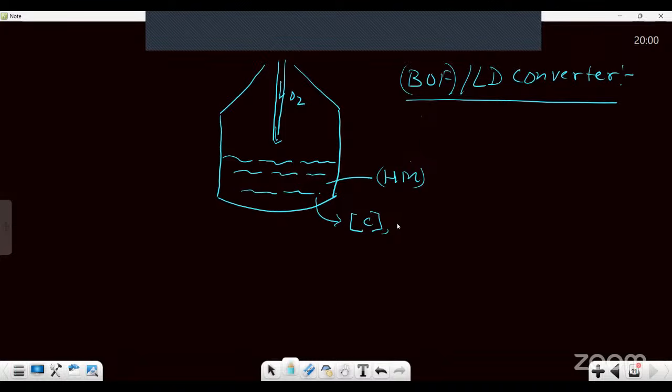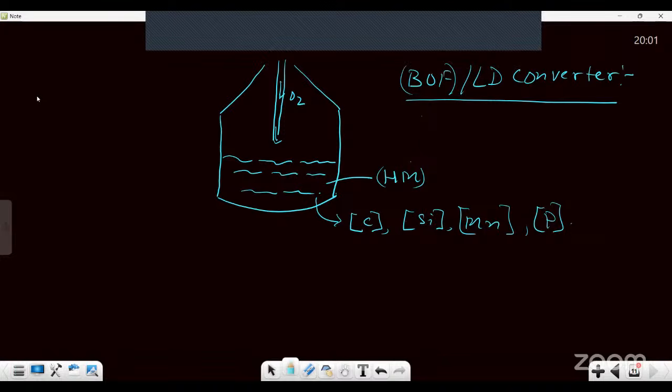Oxygen should be 400 to 600 ppm. Sulfur should be 0.02%. Phosphorus should be very less, 0.008%. I'll write down. So carbon is there. Apart from carbon, silicon is there, manganese is there, and phosphorus is there.